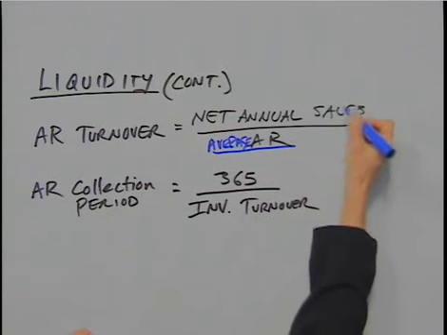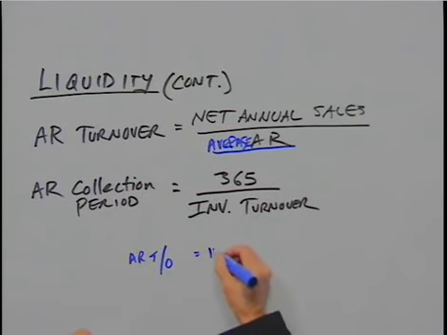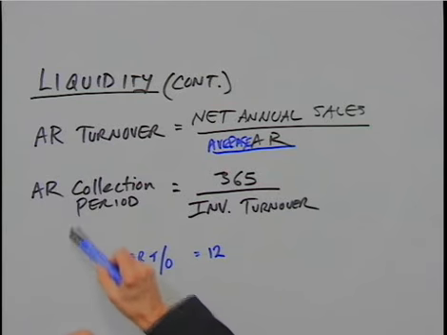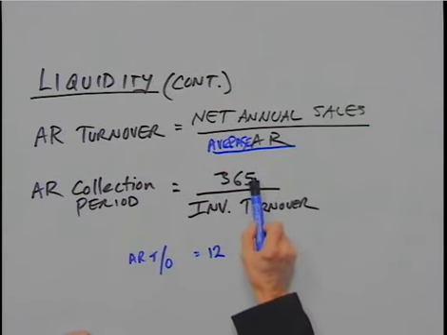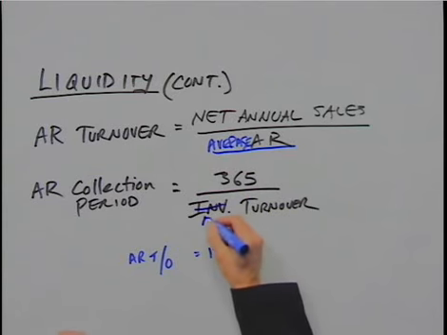For example, imagine that a company had an AR turnover equal to 12. That means that it is collecting its receivables approximately every month. But we can actually convert this into days by taking 365 and dividing by the accounts receivable turnover.